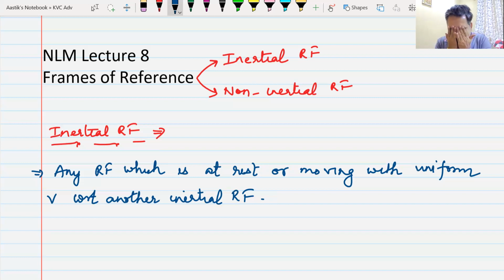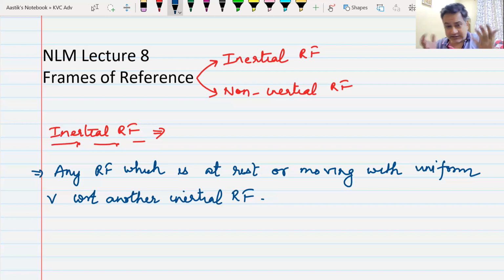To get to an inertial reference frame is a very difficult task, because we would have to move to somewhere in space far from all the planets and galaxies. There we would probably find an inertial reference frame.